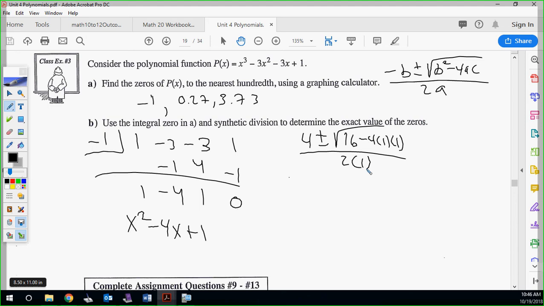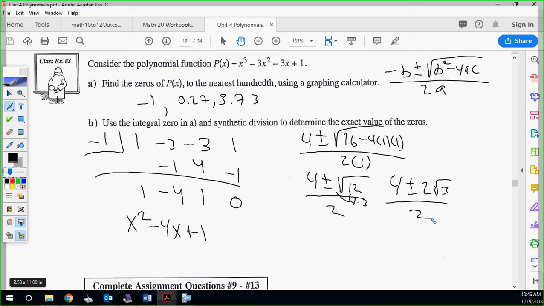It's nice that a and c are 1s. The top is 4 plus or minus the square root of 12, all over 2. We can break down 12 into 4 times 3, and the 4 comes out as a 2. So it's 4 plus or minus 2 root 3 all over 2.